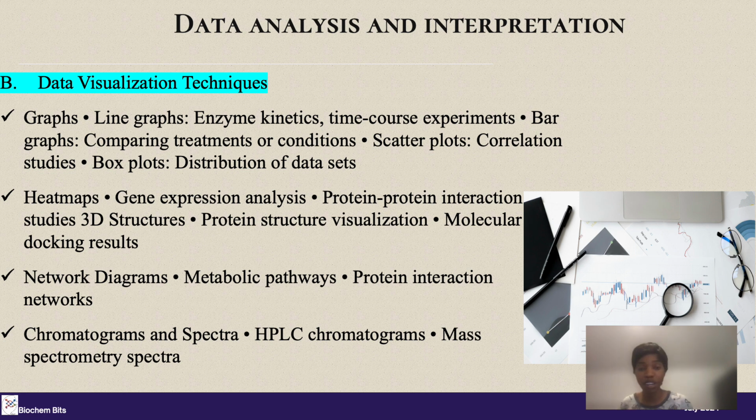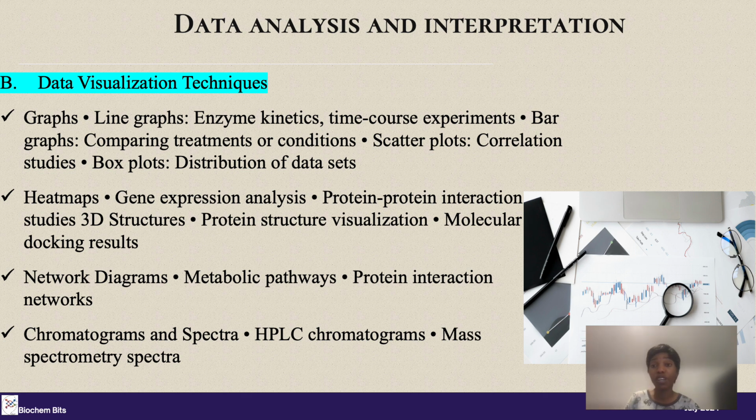For example, you may be presenting it linking the network of metabolic pathways, talking about the protein-protein interaction in 3D form, and also presenting it in graphs, and you have box plots. In different ways you feel you can explain your data to someone that wasn't in the lab with you, it's best to present it that way.